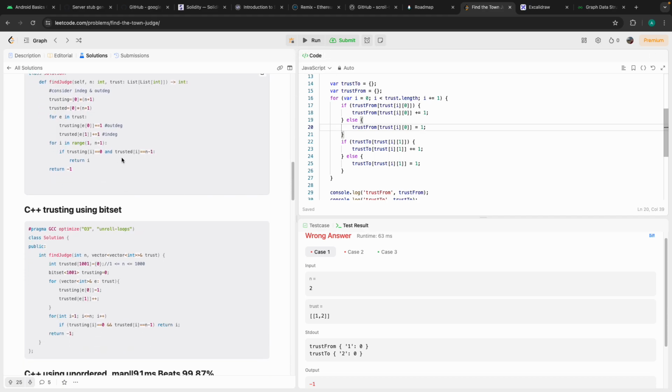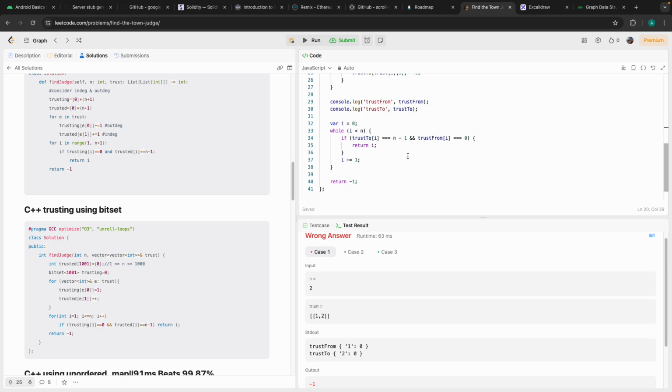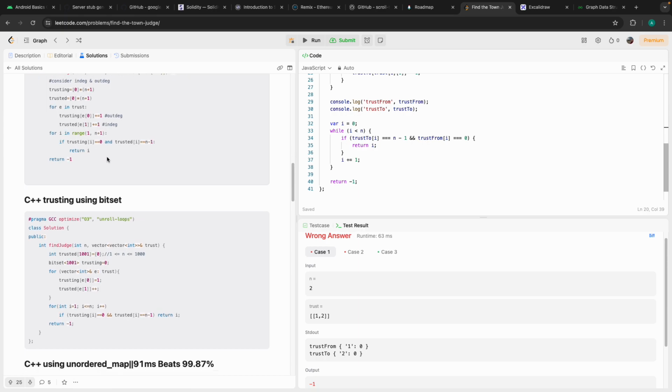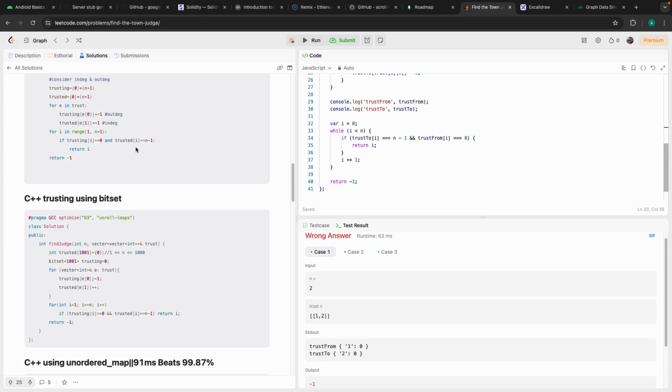Maybe something is wrong with my conditions. Trusting equal to 0 and trusted equal to n minus 1, n is 2.